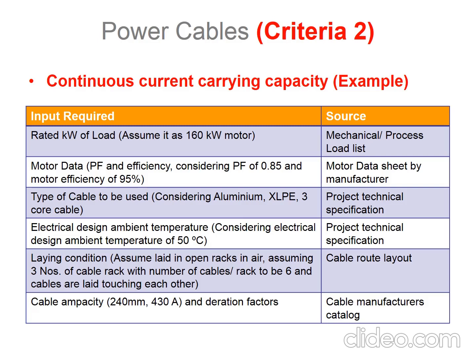For example, the rated kilowatt of load: the source is the mechanical process or load list. For motor data, the source is the motor data sheet by the manufacturer, and for the type of cable to be used, we can find it from the project technical specification and so on.